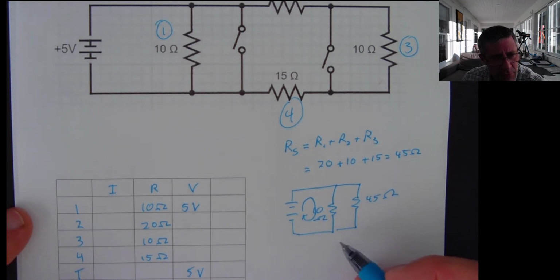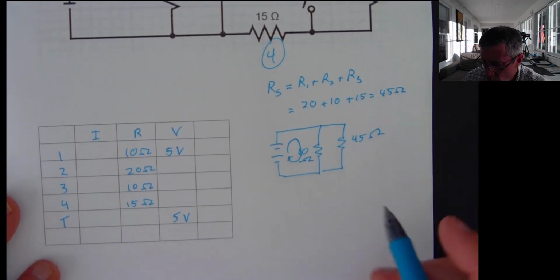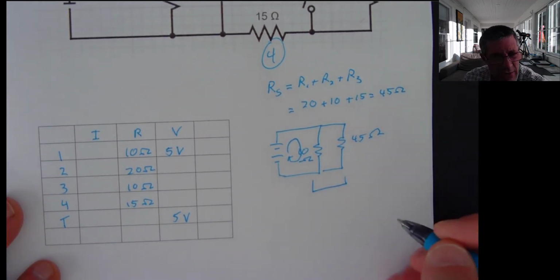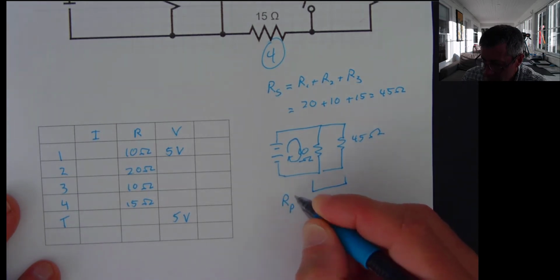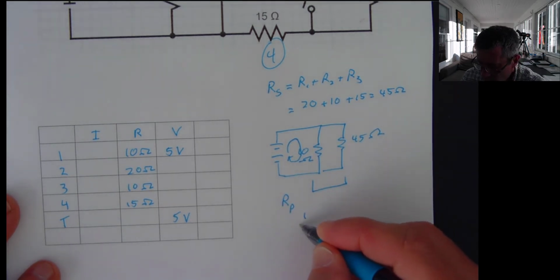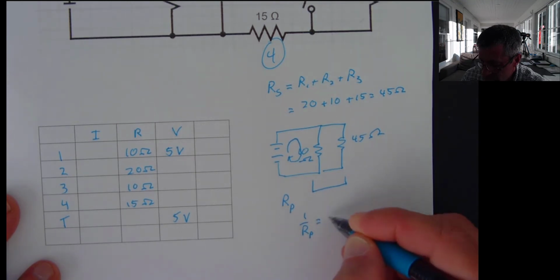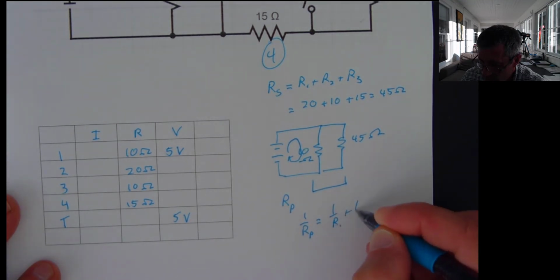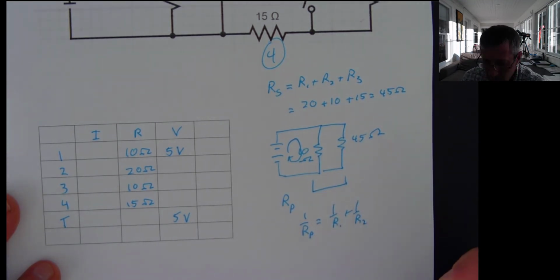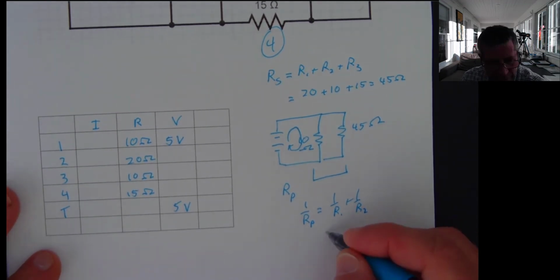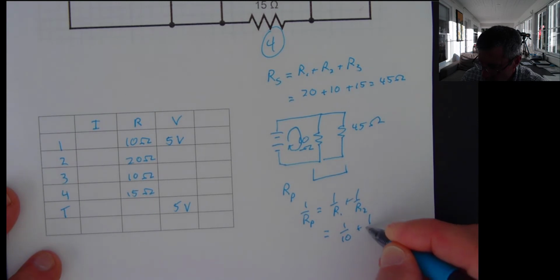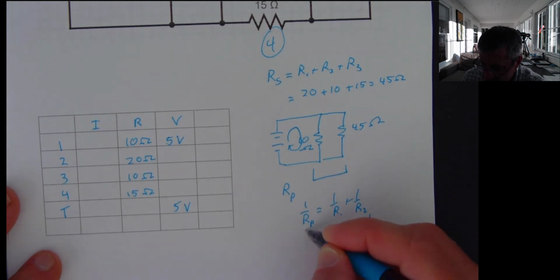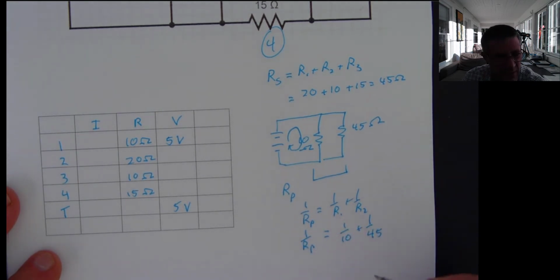I can go one step further and figure out my total resistance for my whole circuit. Now I have 2 resistors in parallel. To calculate the resistance, 1 over my total resistance is going to be 1 over resistor 1 plus 1 over resistor 2. So what am I going to have? 1 over 10 plus 1 over 45, and I'm going to be careful, that's 1 over my total resistance.